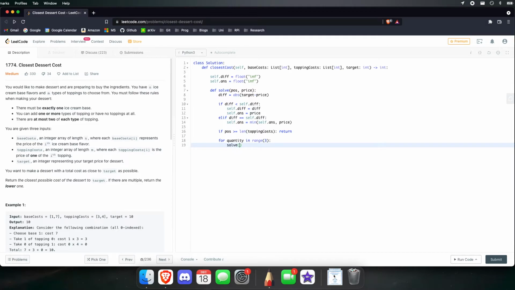So for every quantity, let's call this recursive function by incrementing the index and then setting the price equal to the current price plus the topping we were looking at times its quantity.